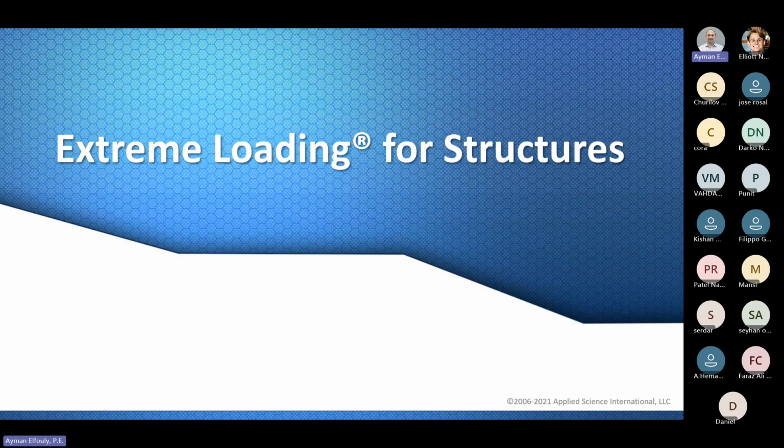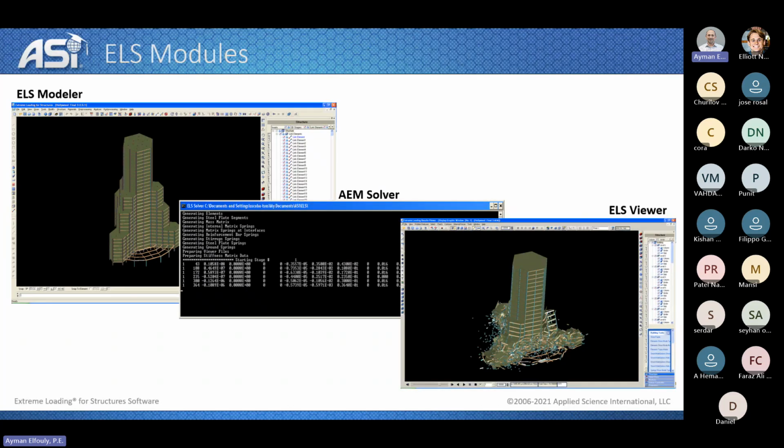As for the software itself, we call it Extreme Loading for Structures. The software is divided into three modules. The first module is the ELS modeler. The second module is the applied element method solver. And the third one is the ELS viewer.